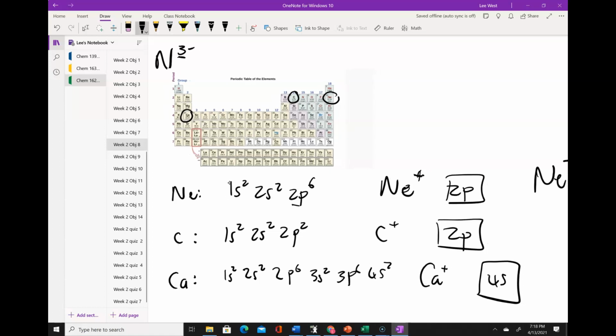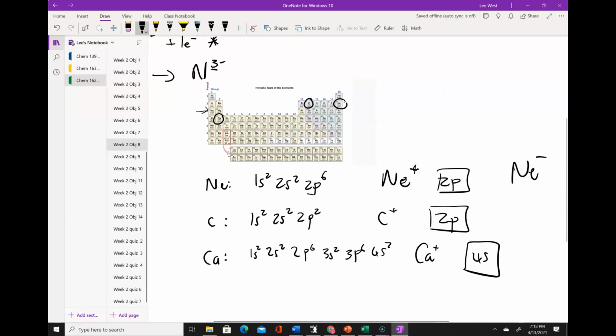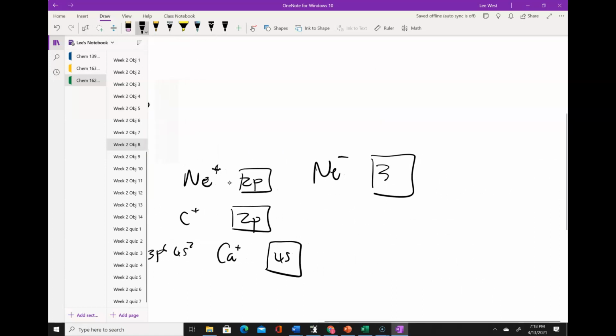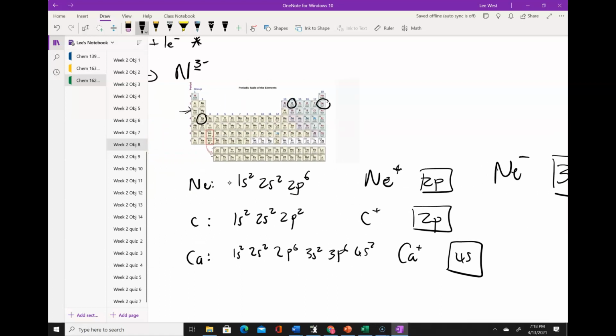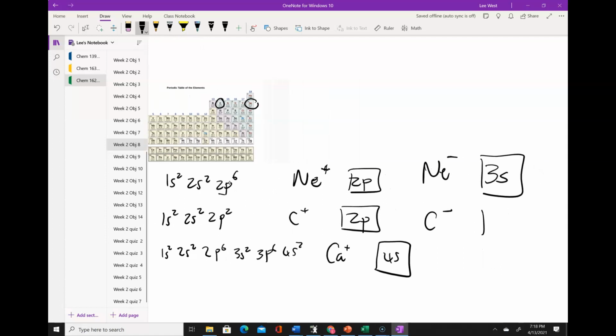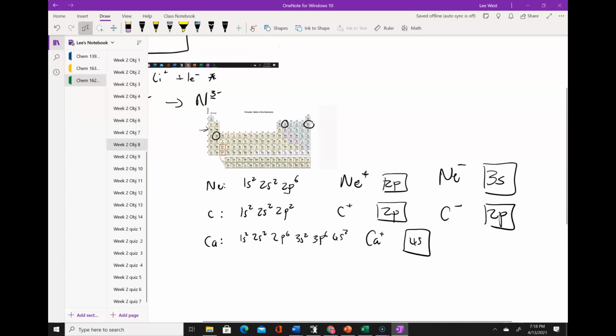So I've got to go to the next subshell, which will be 3s. Now, carbon is 2p2. So if I want to add an electron to make carbon minus, I can just put it into the 2p because it's not yet full up. So that can go into the 2p.